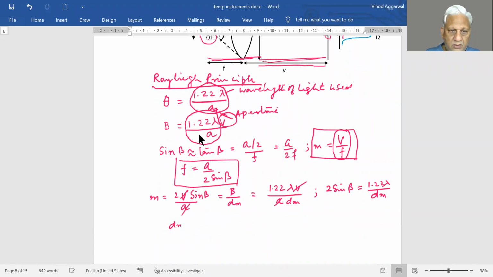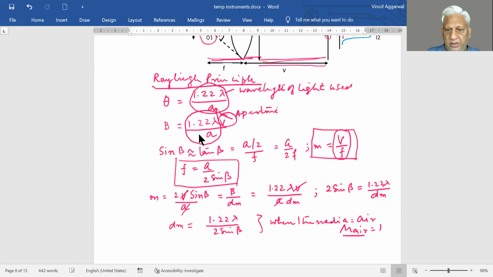DM, the minimum distance that can be resolved is, this is when the media is air. For air, we know that mu is 1.